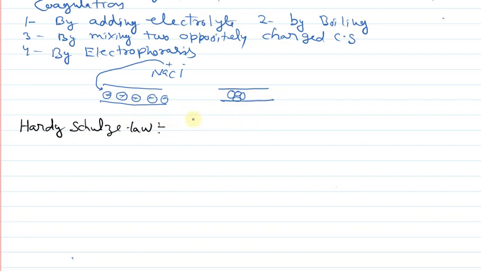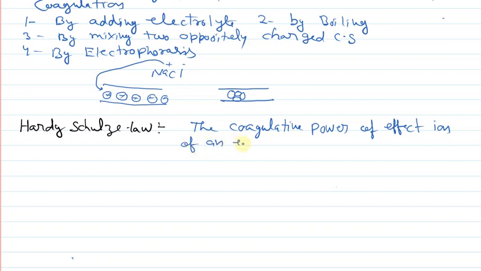According to this law, the coagulative power of the effective ion of an electrolyte depends on the charge present on it.